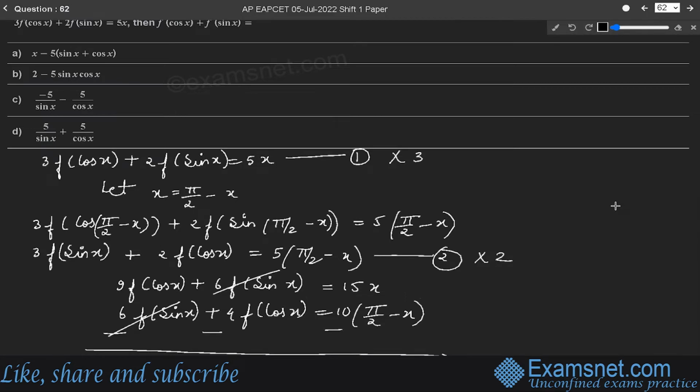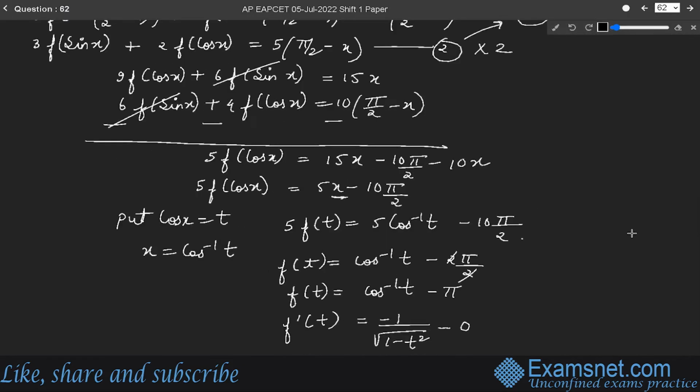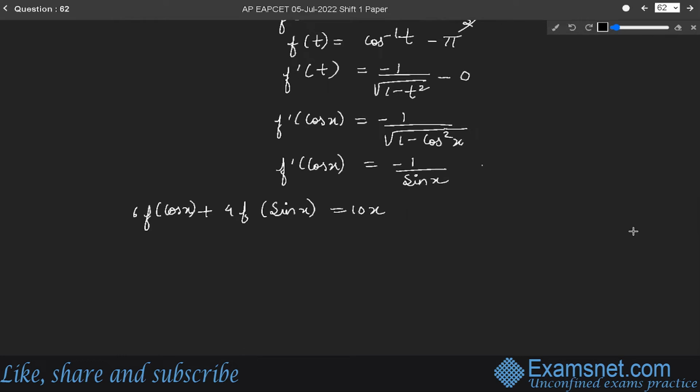So multiplying equation 1 with 2 and equation 2 with 1, we will get 6f of cos x plus 4f of sin x is equal to 10x and 9f of sin x plus 6f of cos x is equal to 15 into pi by 2 minus x.